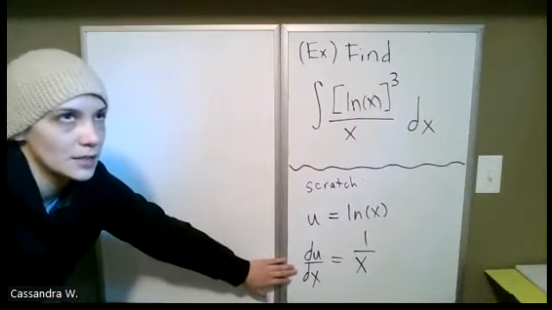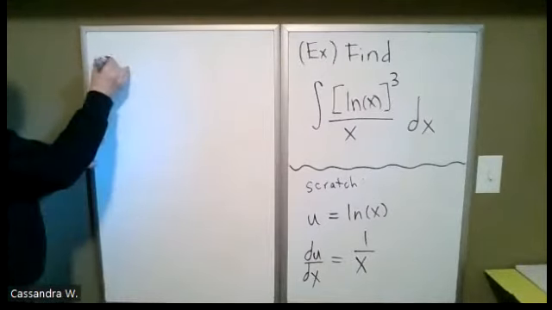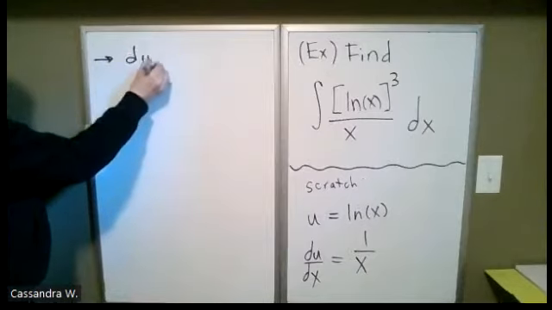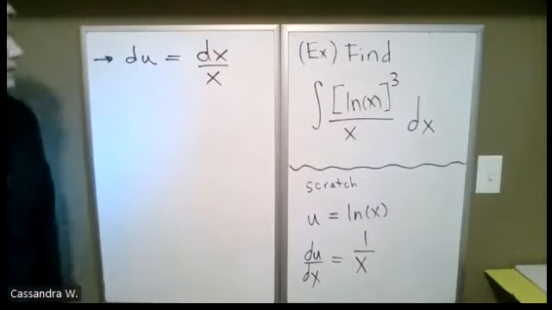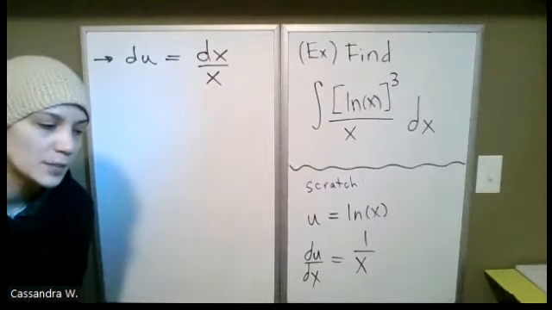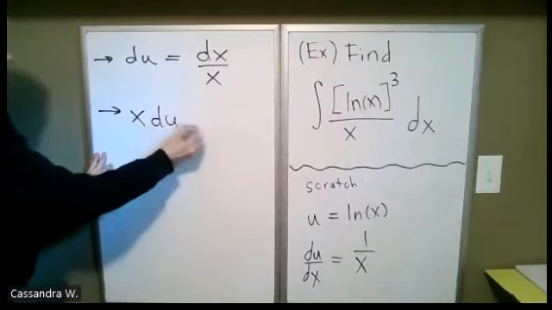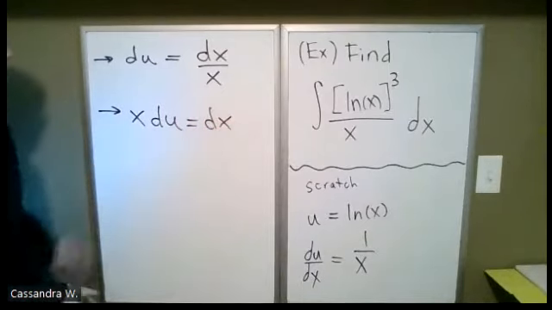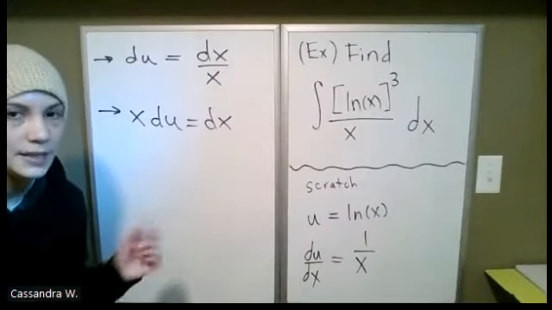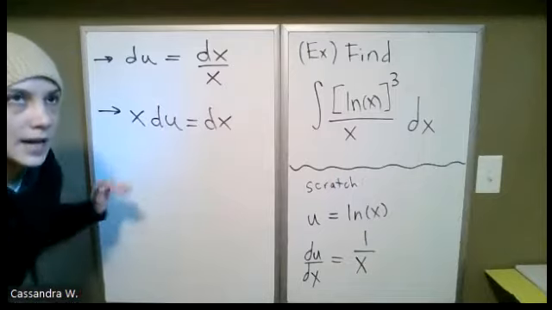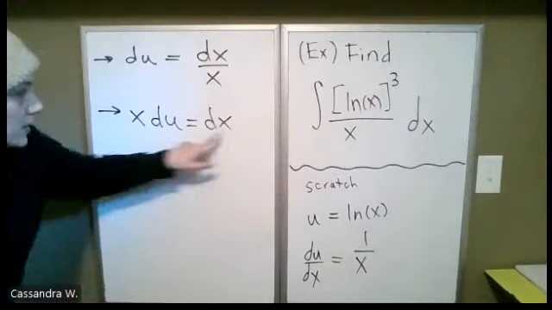I like to solve for dx, so I would multiply both sides by dx, and then multiply both sides by x. Cool. And then let's try writing the integral and then doing the u sub and then replace that dx with this dx.